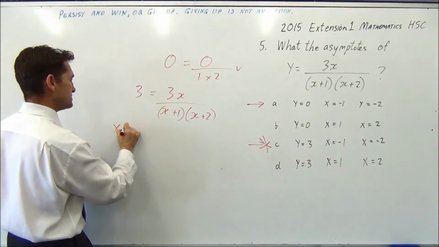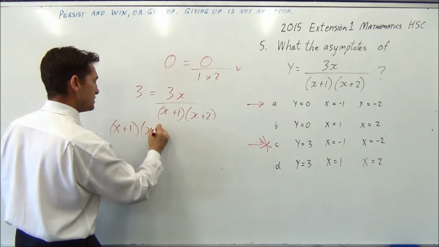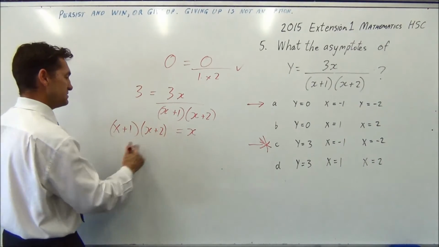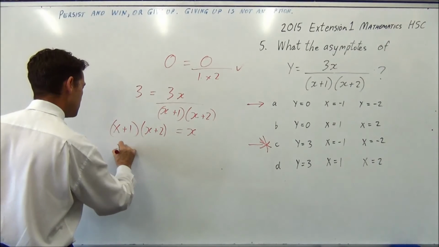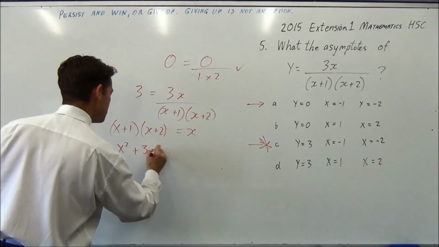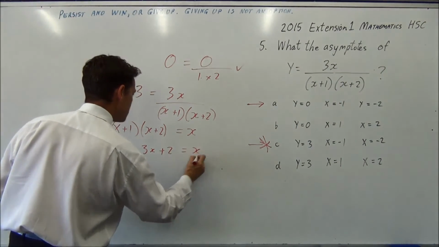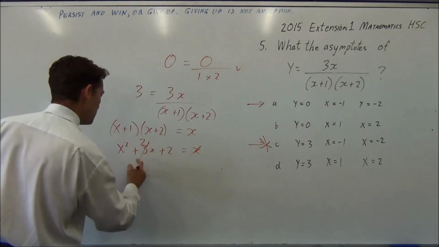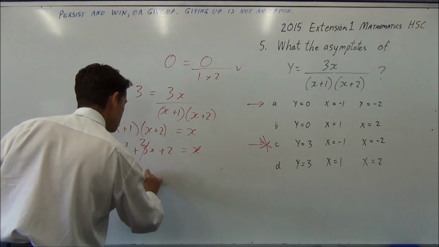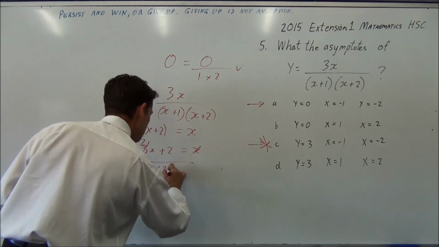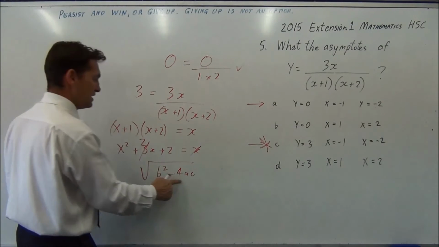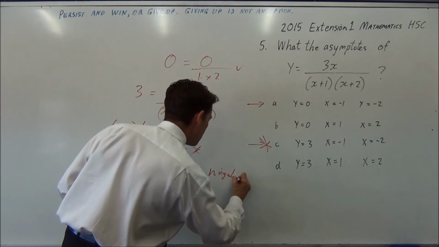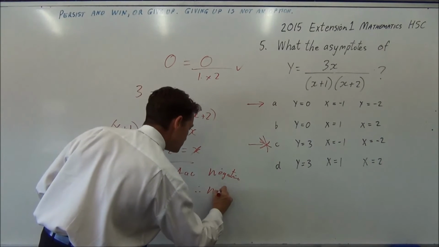So I'm going to get x plus 1, x plus 2 equals x, expand this and take off x, so we're going to get x squared plus 3x plus 2 equals x, take off x, so that becomes x squared plus 2x plus 2, and then find the discriminant. So we're going to go, what is b squared minus 4ac, and if you put that in here, that ends up being negative. Therefore, there's no solutions.